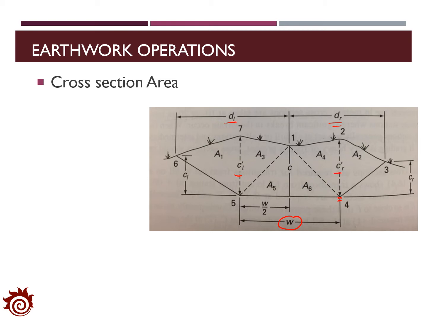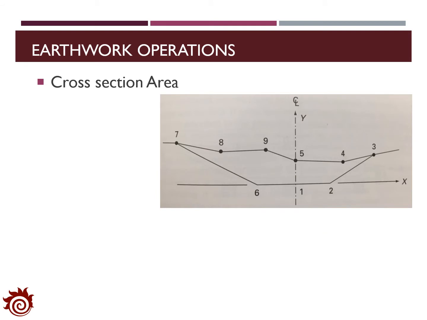With this information, the cross-section is estimated as half of CL times DL plus CR times DR plus C times W. For an even more complicated situation, we can actually apply the coordinate method to estimate the cross-section area, which we have already introduced in the previous lectures.